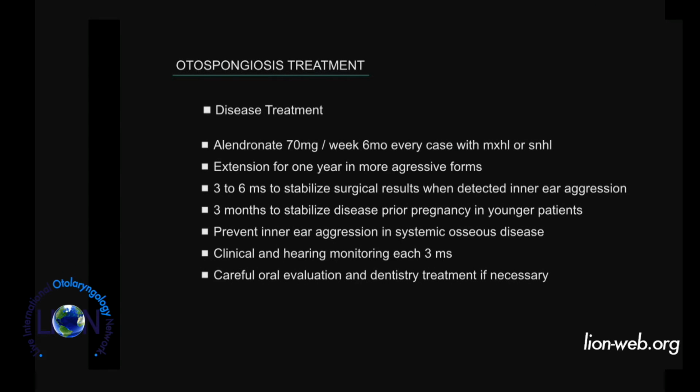How do we do this? As I told you, we use alendronate once a week, initially for 6 months, in every case of mixed or pure sensory hearing loss. We can extend this treatment to 1 year in the more aggressive forms.